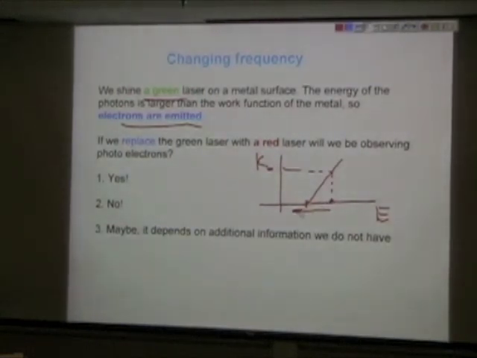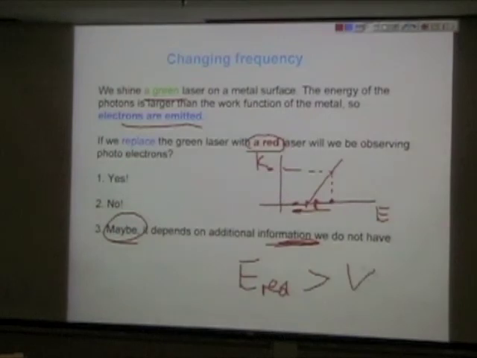If we knew it, we could say for sure what would be happening. But since we don't know, we don't know if the red laser is actually here or here in terms of the energy. So we know for sure the energy is getting lower. However, how low? We don't know. So in this situation, maybe, if the energy of red light is still greater than the work function, yes, we would observe some electrons. Less, we wouldn't.